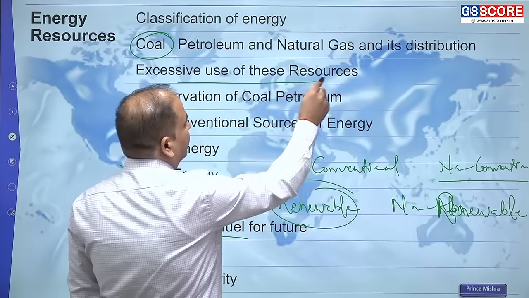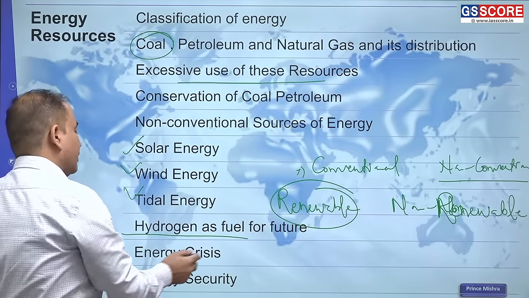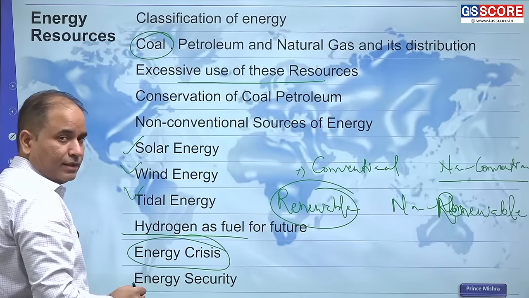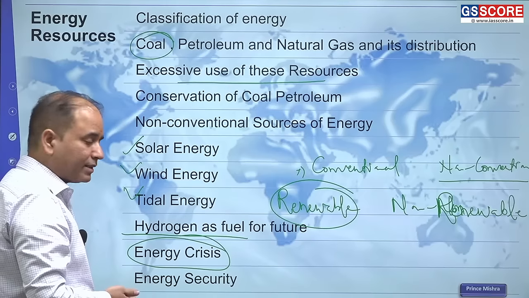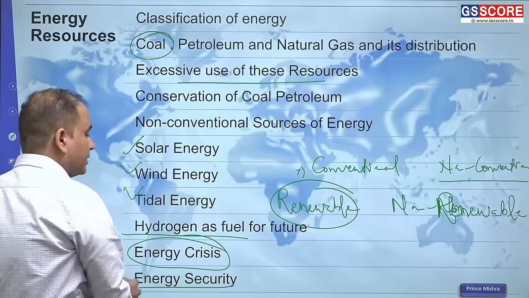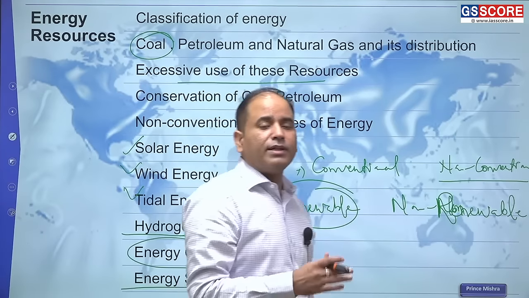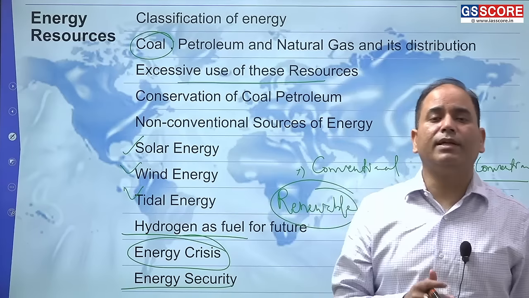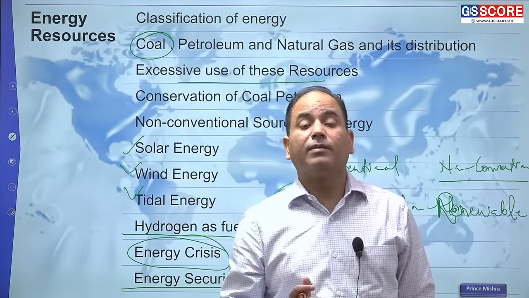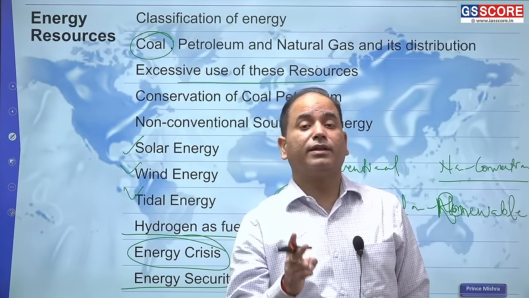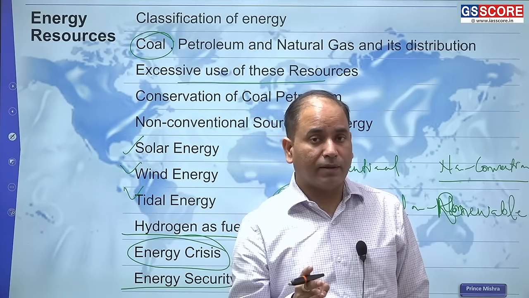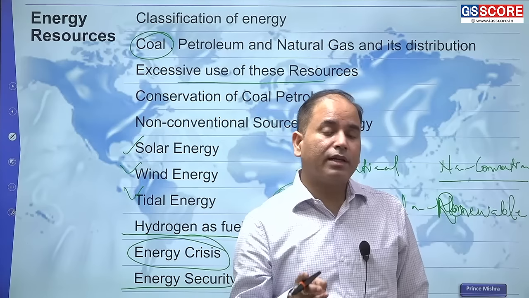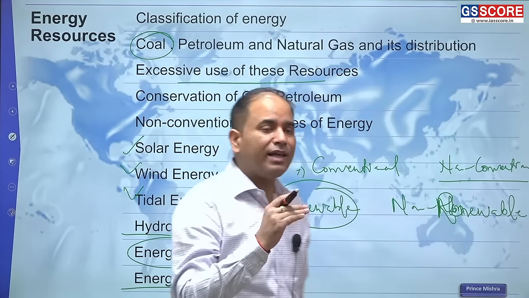These are some of the issues that you need to study in energy. Excessive use of energy sources. Then what is the energy crisis? When the demand is not fulfilled by the supply, obviously you will have a crisis-like situation. Then energy security. Energy security means everyone should have availability of energy. Not only availability, it should be cheap and affordable. So it should be available, it should be affordable, and also it should be clean in the present form.